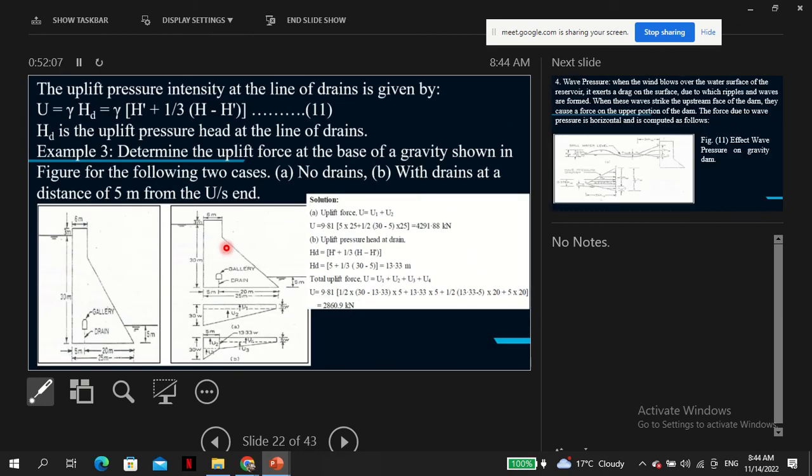The uplift pressure intensity at the line of drains is given by, of course, the static water pressure, which is basically gamma times HD, and if you substitute the salient values, that's how to get the values. So HD is the uplift pressure head at the line of the drains.